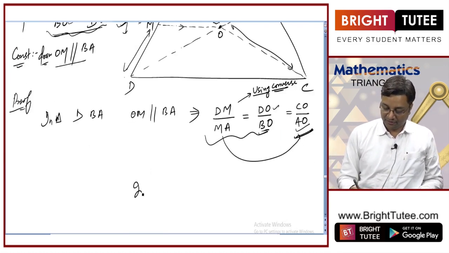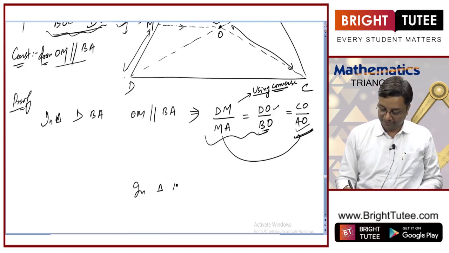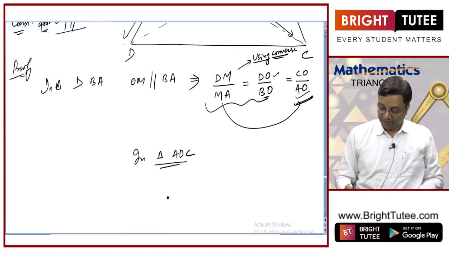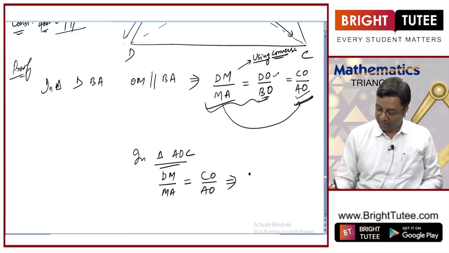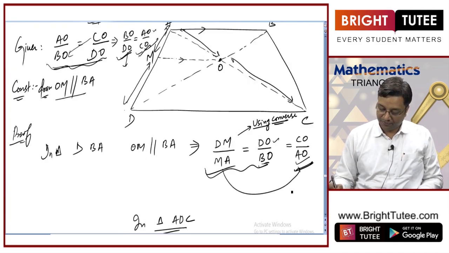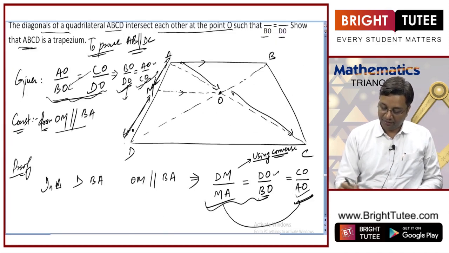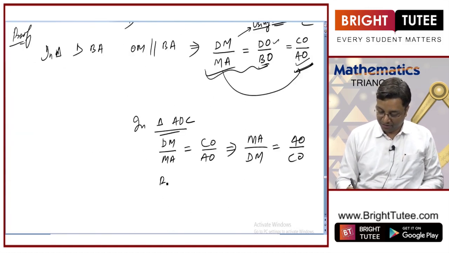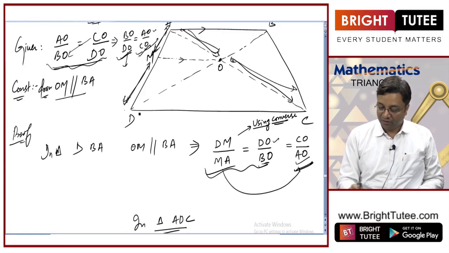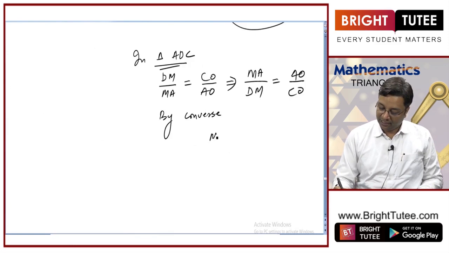So, in triangle ADC, I can say DM by MA is equal to CO by AO, or I can say MA by DM is equal to AO by CO. MA by DM is equal to AO by CO. So, these ratios are equal, hence by converse of BPT we can say MO is parallel to DC. MO is parallel to DC, right.